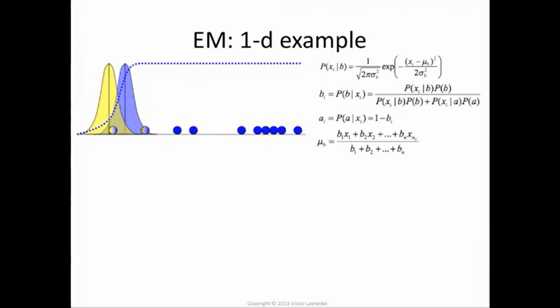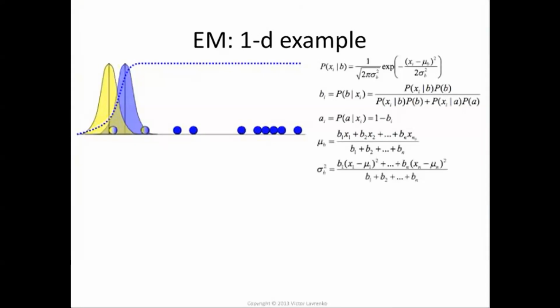So that's the soft assignments for you. In k-means, a point contributes either to one centroid or to another. In EM, a point gives a little bit of its mass to every centroid, but it gives more mass to the centroids that it's more associated with. So that's what those BIs represent.